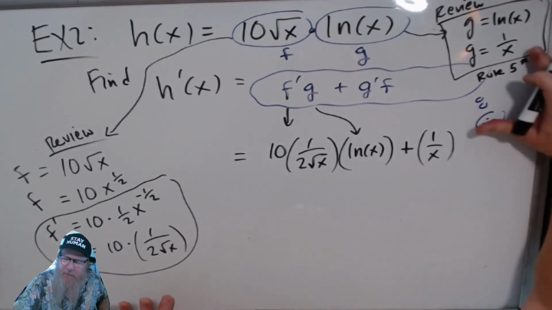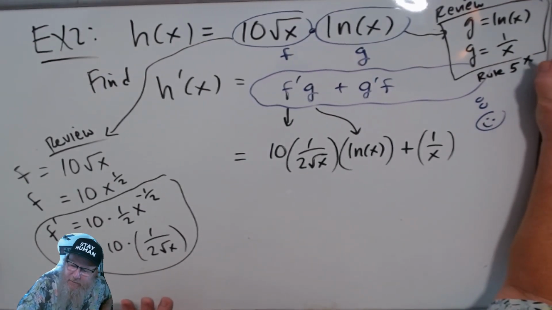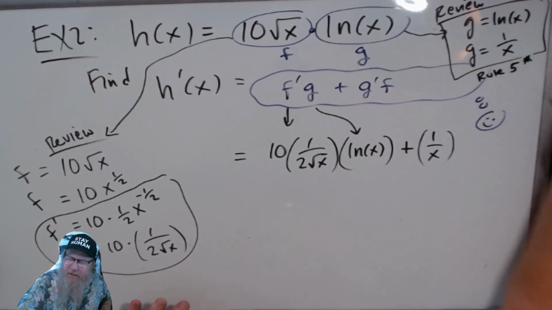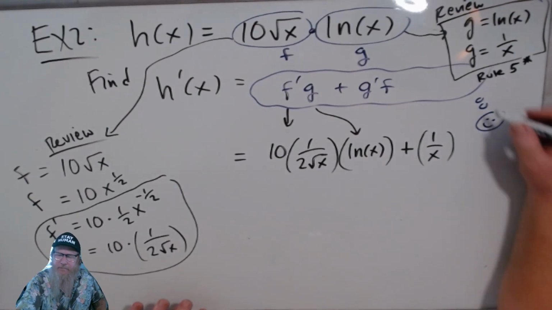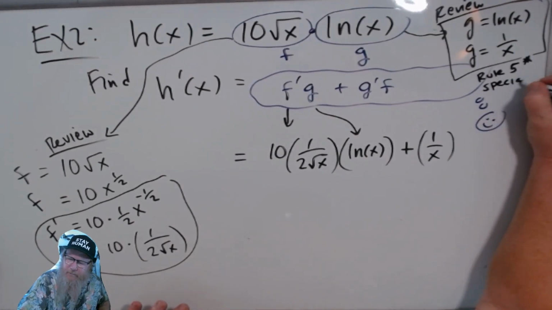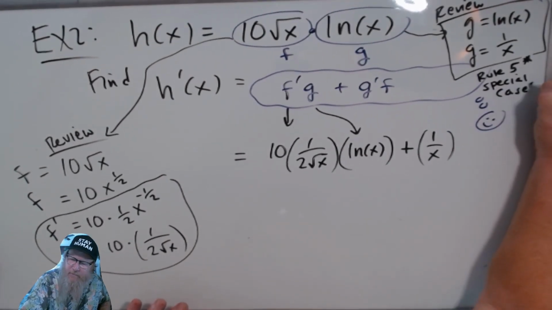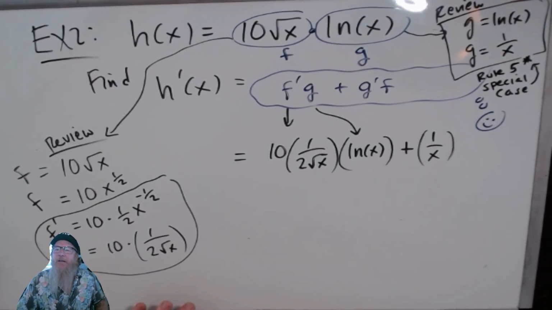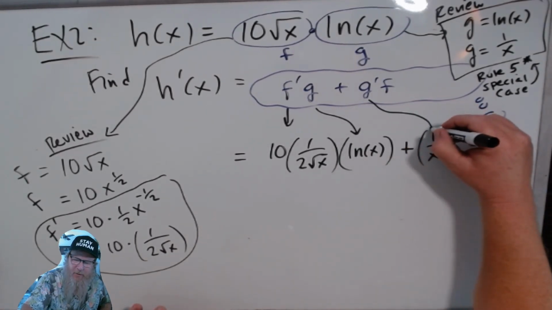It was a special case. I don't know if that looks like a star or not, whatever. Yeah. The derivative of a natural logarithm. All right, so that's your g prime.